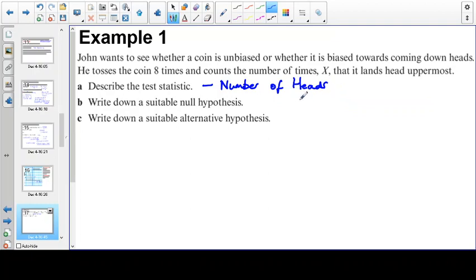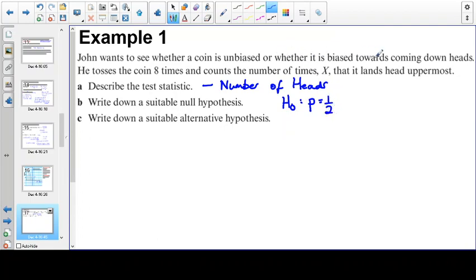Okay, the null hypothesis. Well, John wants to see whether a coin is unbiased or whether it's biased towards coming down heads. What do we assume about a coin? We assume that a coin is fair. So our null hypothesis is that the probability of getting a head is a half.